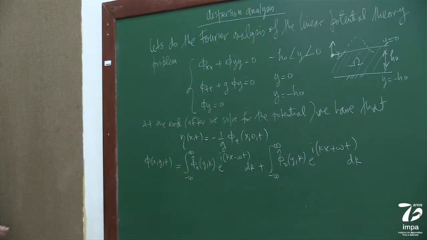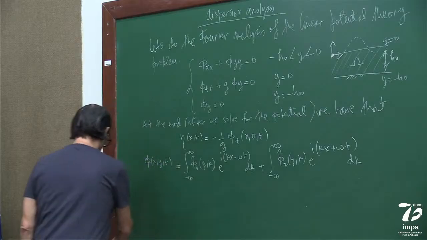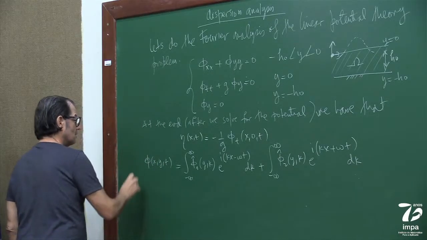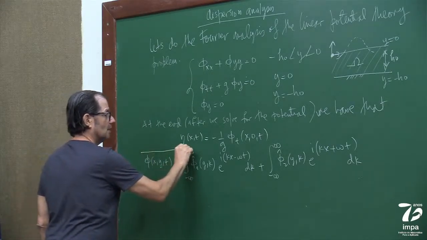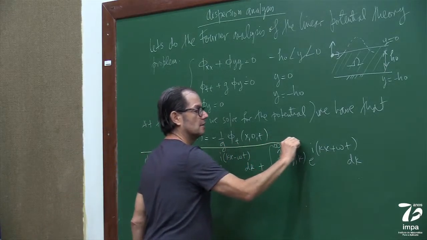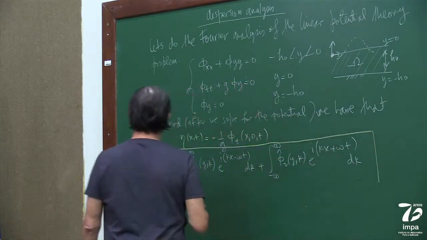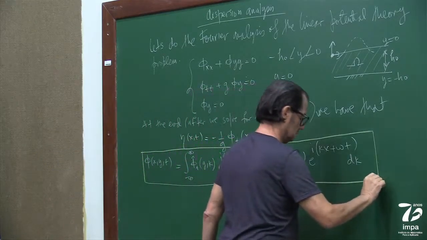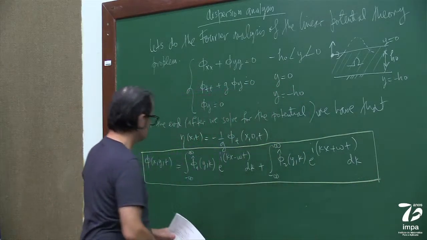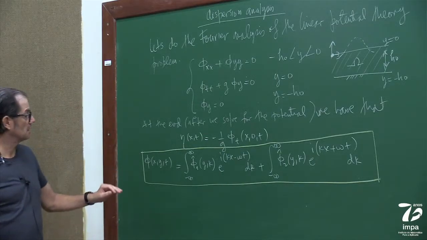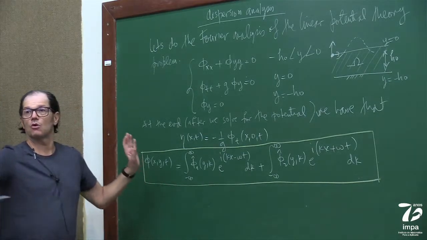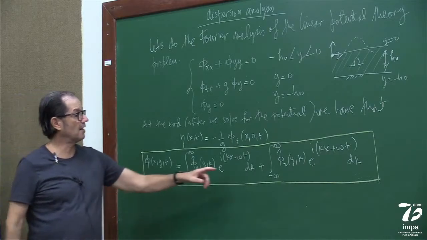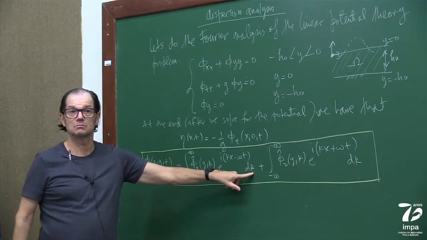Okay? So let me highlight this. This is important. So what are we telling our audience, of what we're thinking. So what I'm saying here is that I'm on the whole line. So on the whole line, I have all wave numbers. Okay?